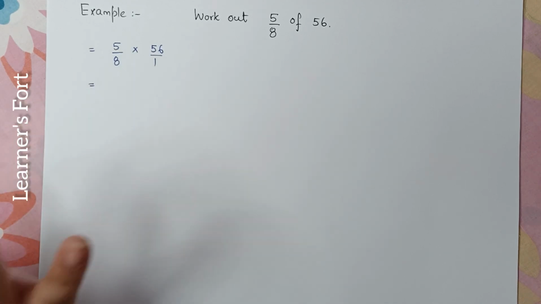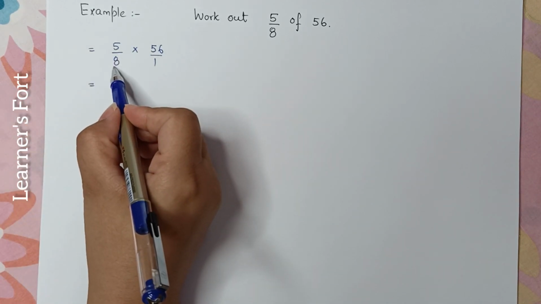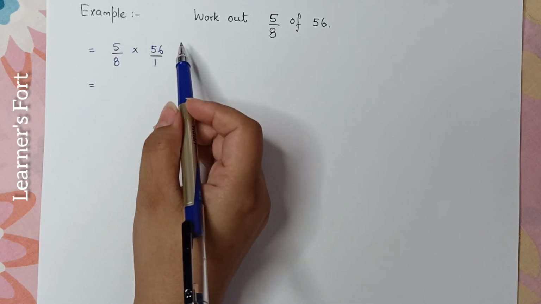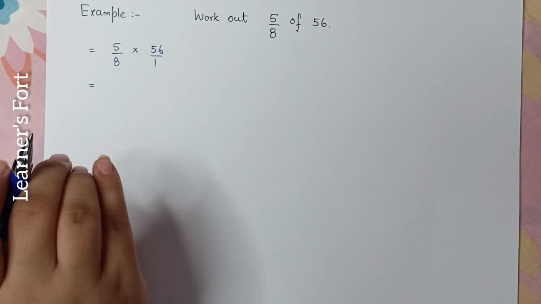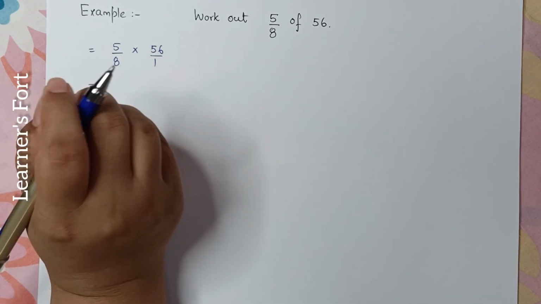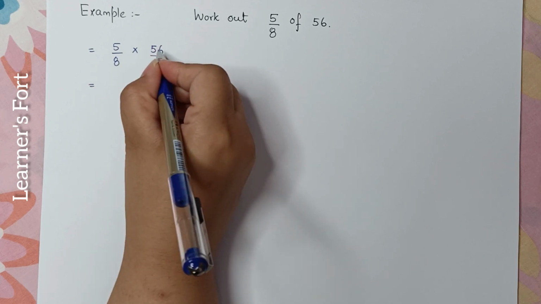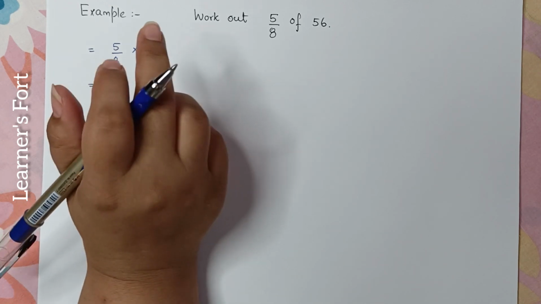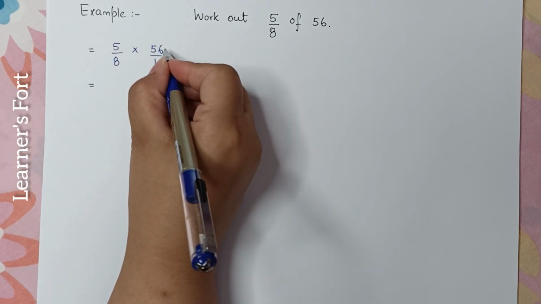But there's also a possibility, if you see that the denominator is dividing any of the fraction as a whole, we can divide it. Here we can see that 56 is divisible by 8, right? 8 times 7 is 56. Now it divides 56 completely.